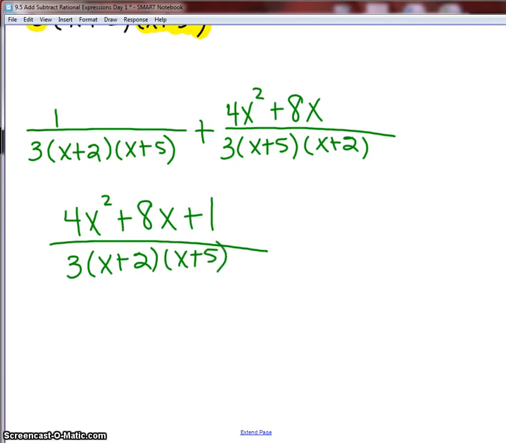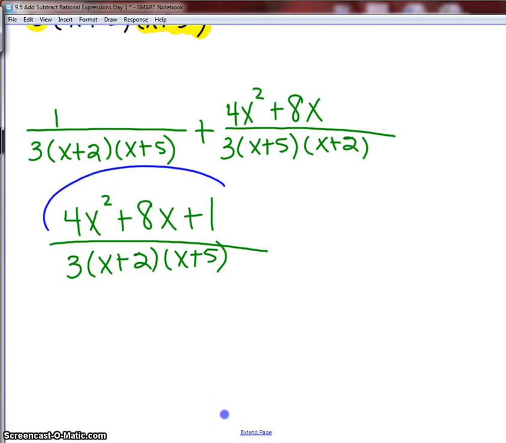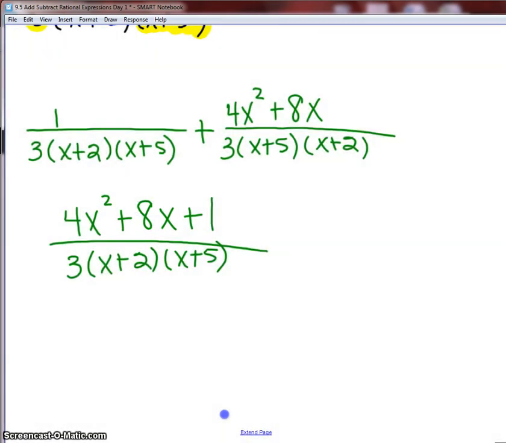Guys, from here, go ahead and check to see if your numerator is factorable or not. This is not factorable. There aren't any factors that add up to an 8 that multiply together to make a 4. So this is going to be our final answer. And usually, when you add and subtract rational expressions, you do not need to state restrictions.